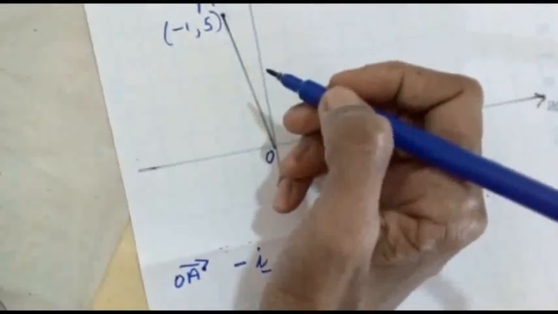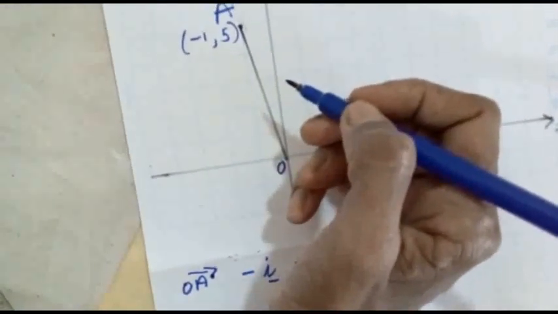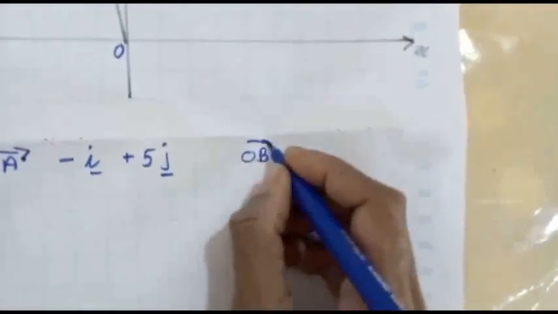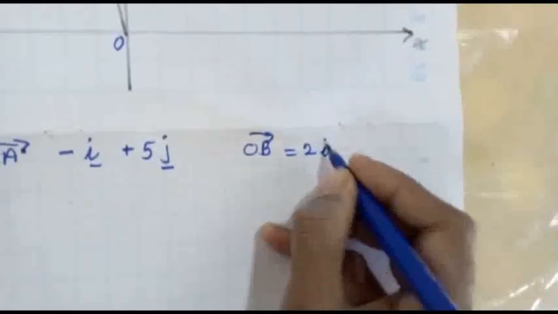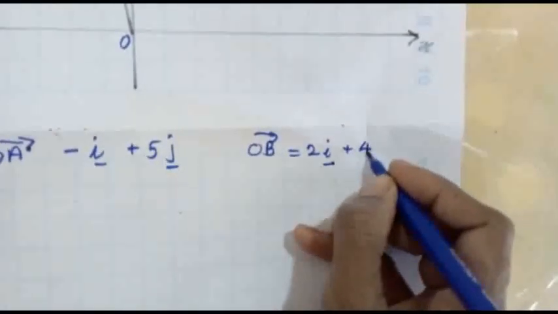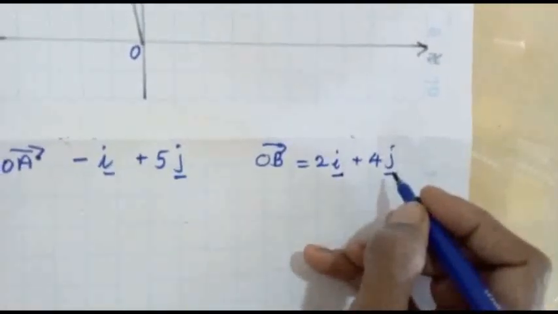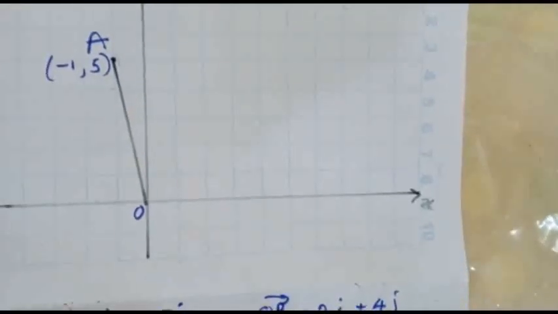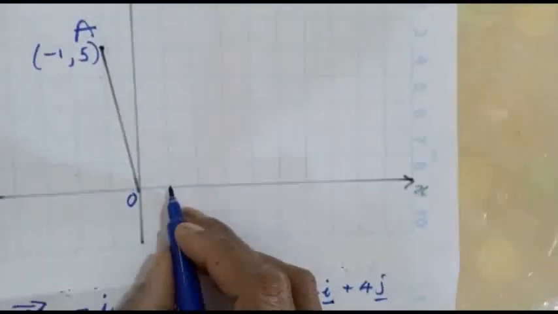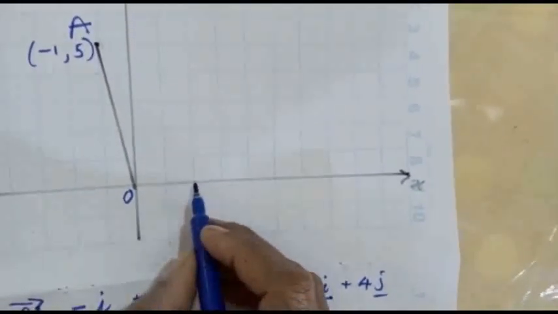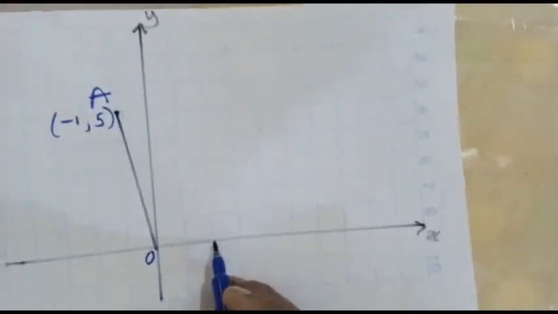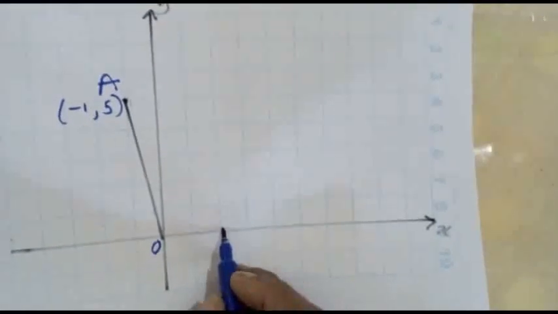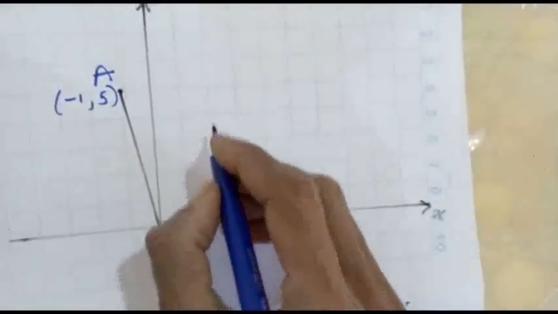Then OB is equal to 2i plus 4j. We can mark point B: 2 units to the right on the x-axis, 1, 2, and 4 units on the positive side of the y-axis, 1, 2, 3, 4.